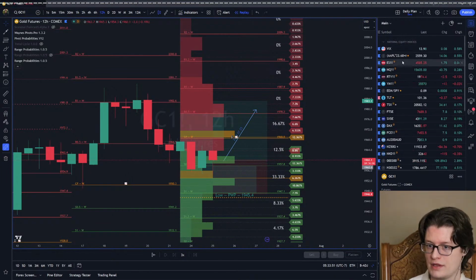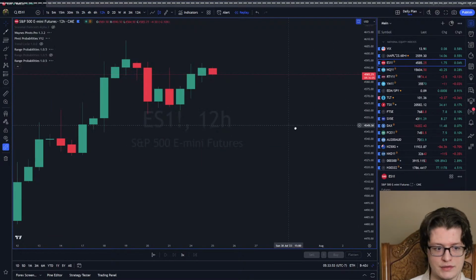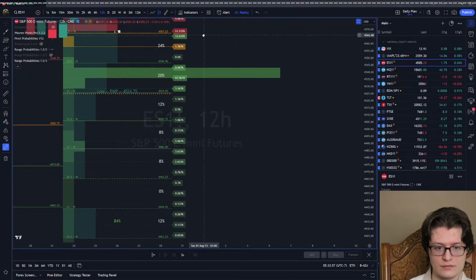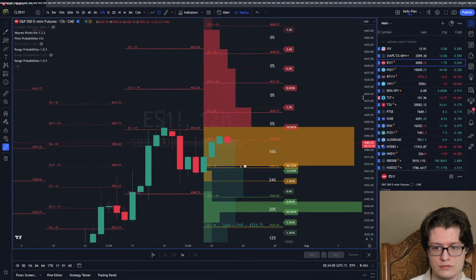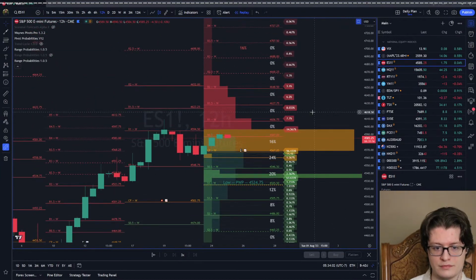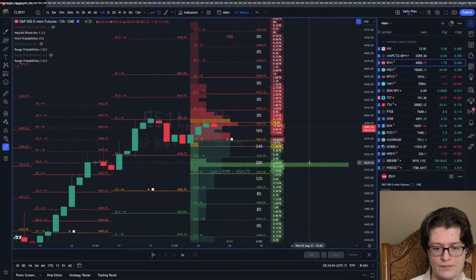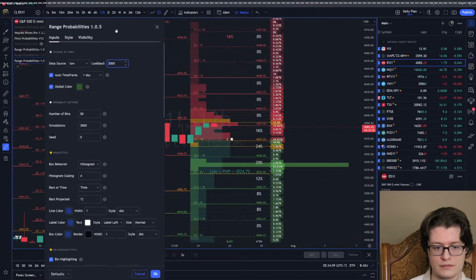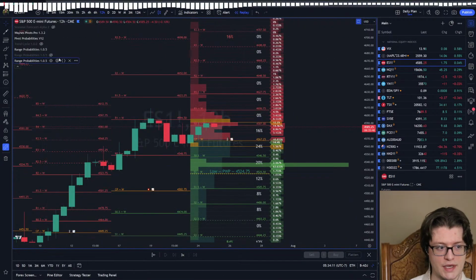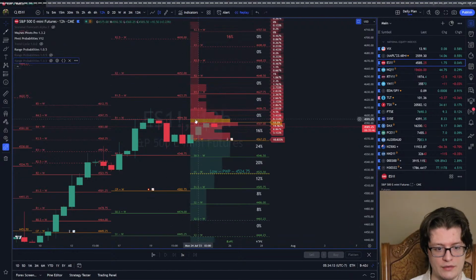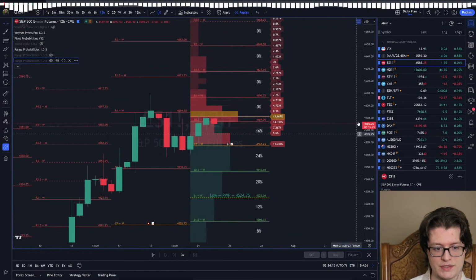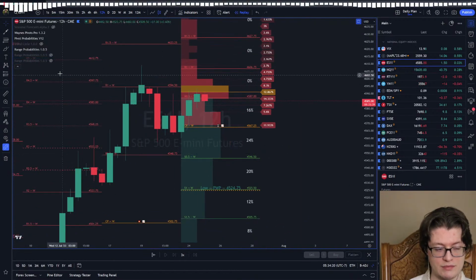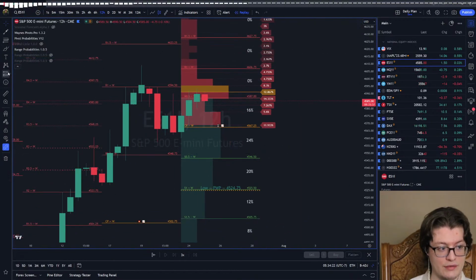How about equities? The ES. Whoa. Okay. Let's hide that one for now. I would not be surprised if the top for the week on the stock market comes in literally right now.